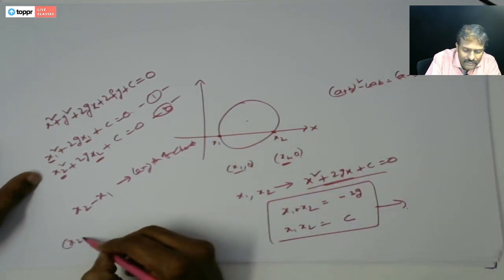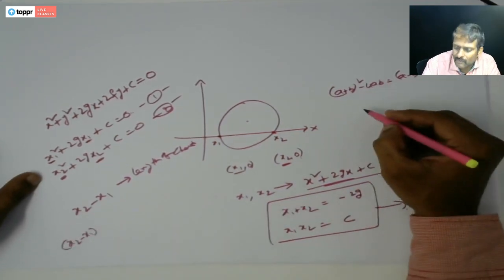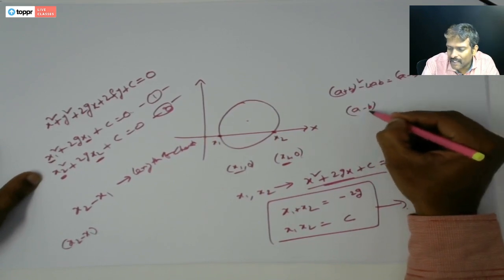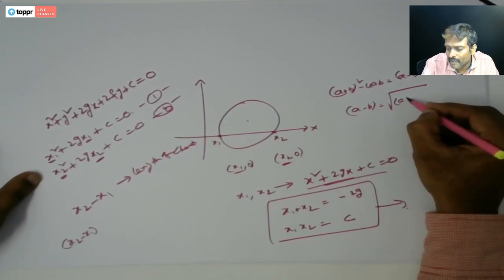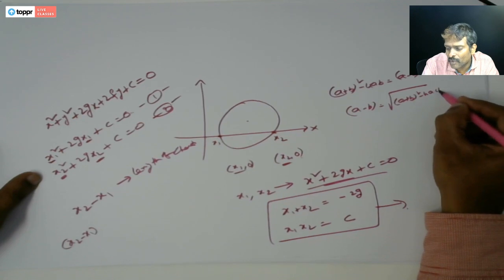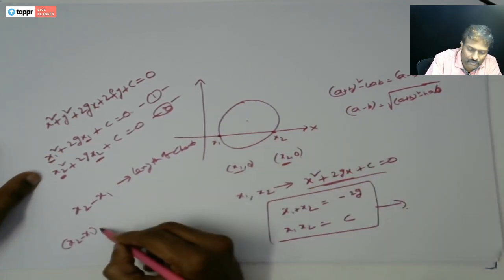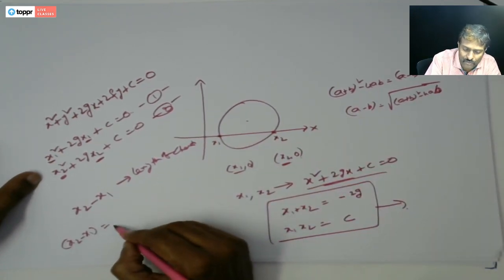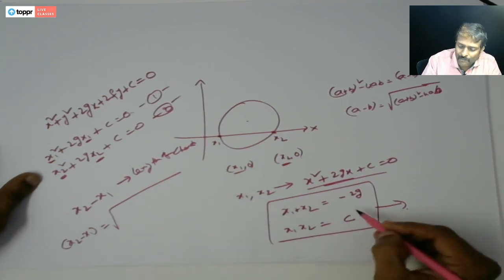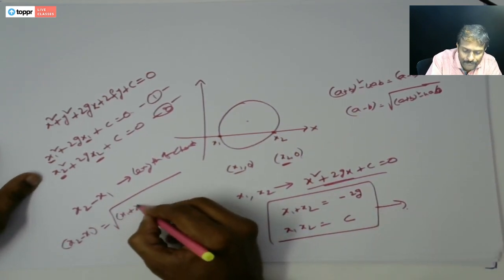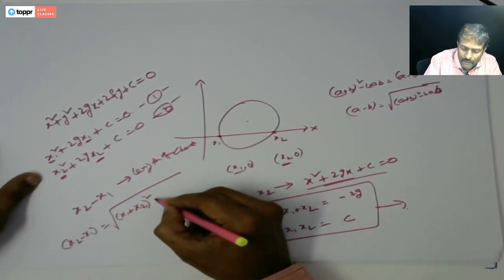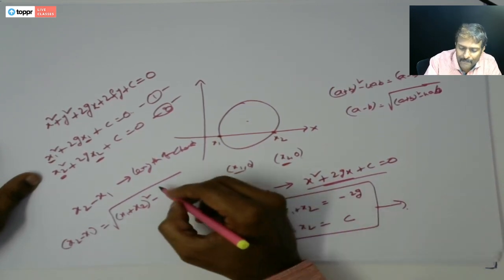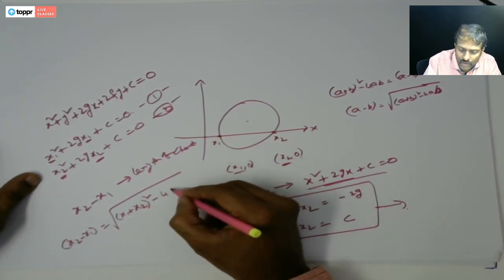So now I want x2 minus x1. From this I can say a minus b is nothing but the root of a plus b whole square minus 4ab, which I'm going to substitute here. x2 minus x1 will be equal to the root of x1 plus x2 whole square minus 4 x1 x2, which is nothing but 4c.